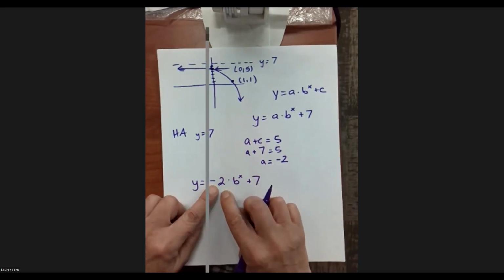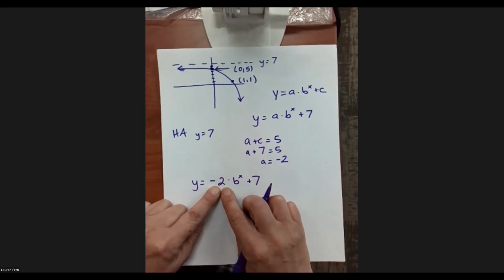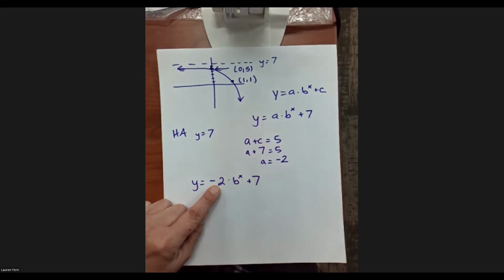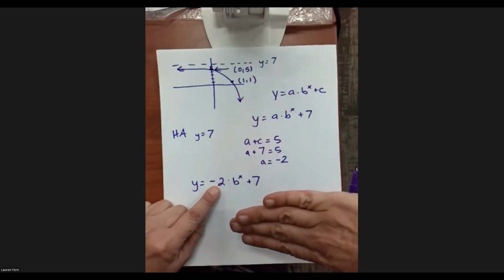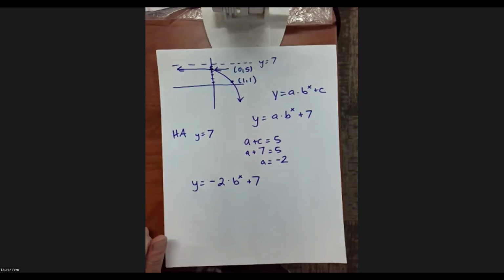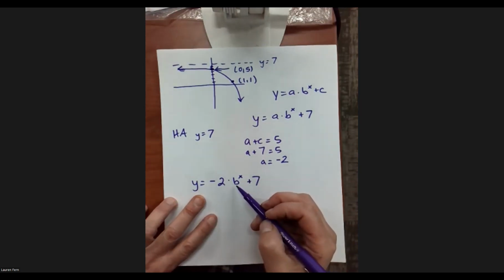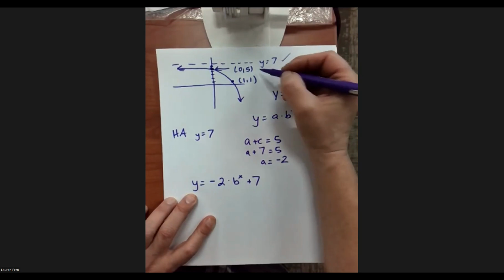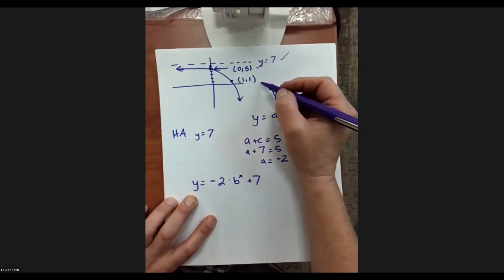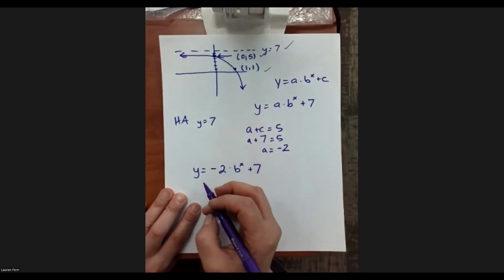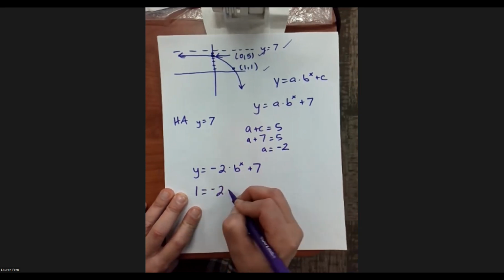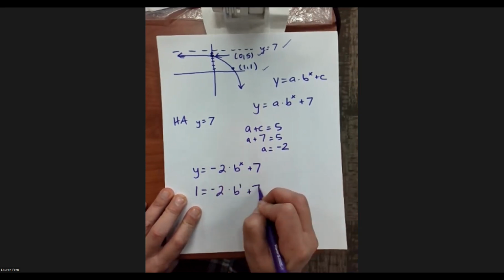Now notice, it makes sense that we have a negative in front of it, right? Doesn't this graph look like it was reflected? Well, now we just have to find our value of b. We've used this, so let's just use the one more ordered pair. We're going to plug in x and y both to be 1.